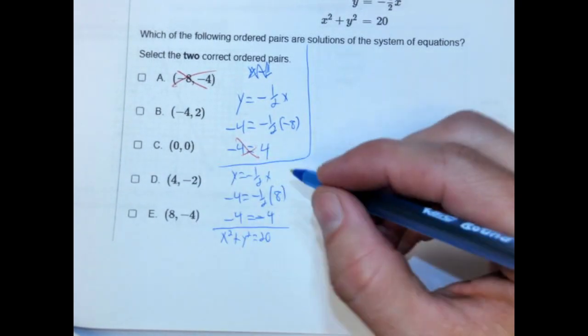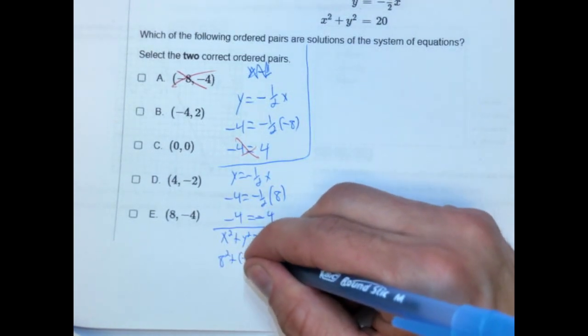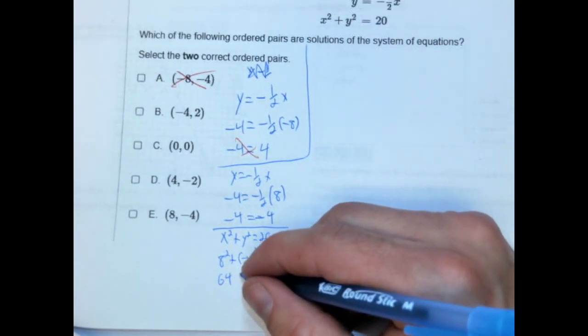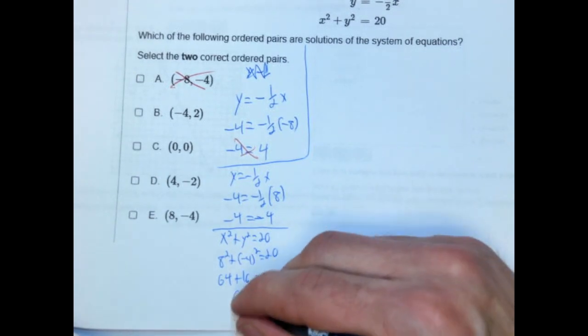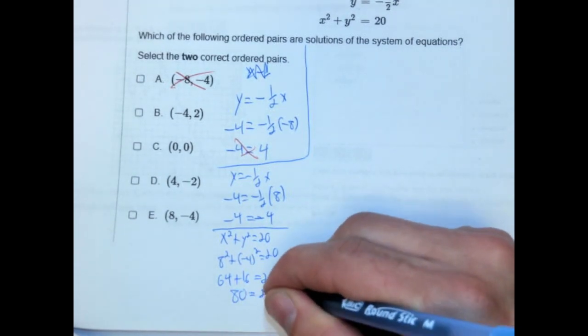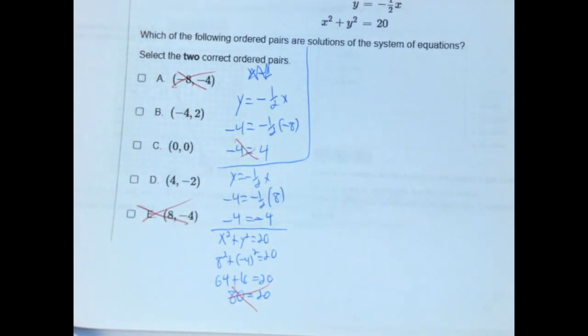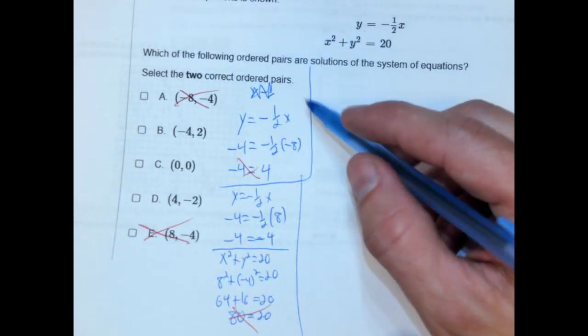Our x is 8. So 8 squared plus negative 4 squared equals 20. 8 squared is 64. Negative 4 squared is 16. And that's 80 equals 20, which of course is not correct. So that means this is out, because both of them have to be true. It was true for the first equation, but not the second equation.